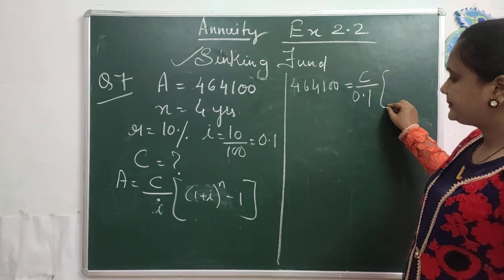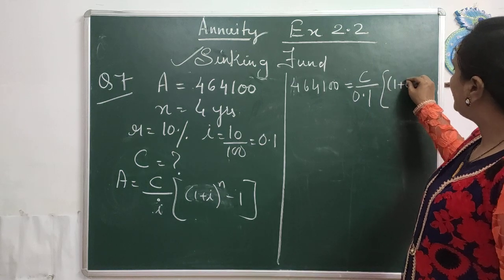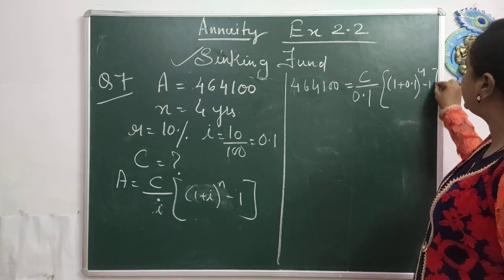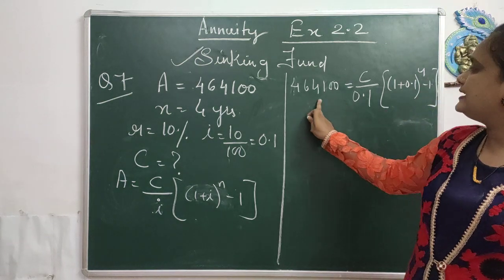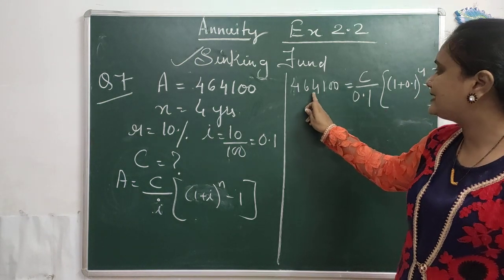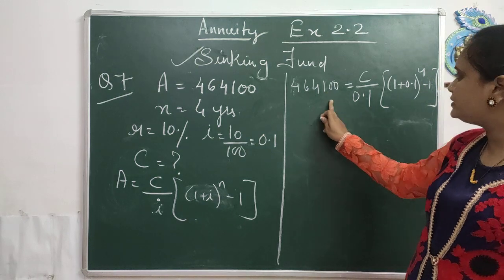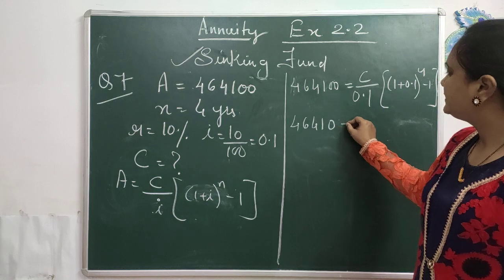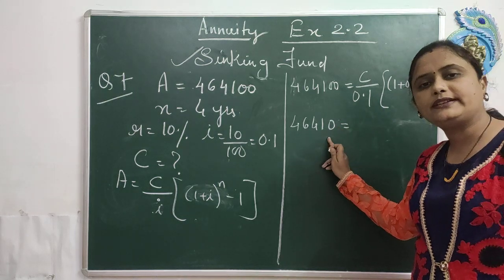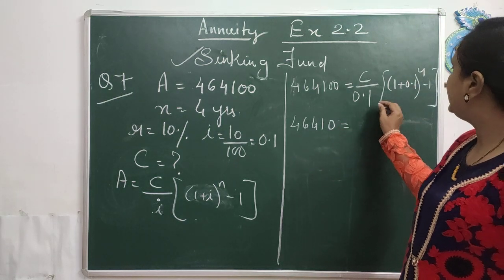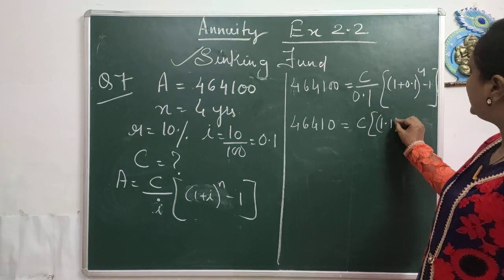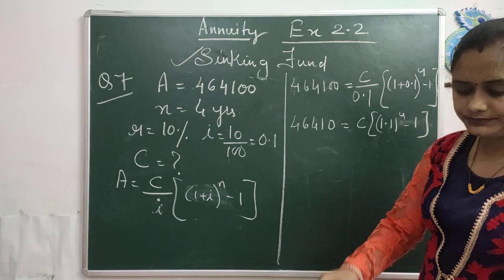Then 1 plus 0.1 to the power years, that is 4 minus 1. So 4,64,100 into 0.1 will give you 46,410. Then C into 1.1 to the power 4 minus 1.